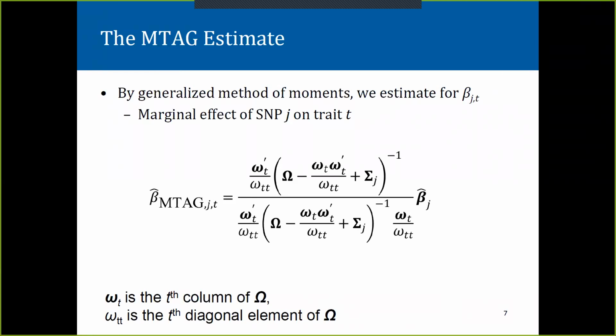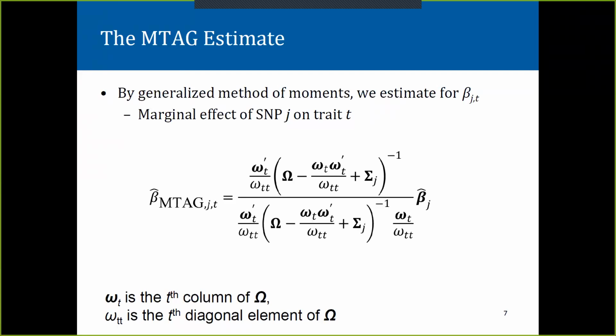First, beta hat MTAG, that's our estimator for SNP-J on a single trait T. The bold omega sub T, that's the T-th column of the omega matrix. If you recall, omega is the variance covariance matrix of the betas. And it turns out that this is going to have the same interpretation, or approximately the same interpretation, as genetic covariance.